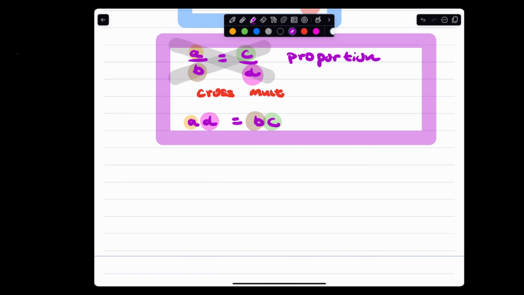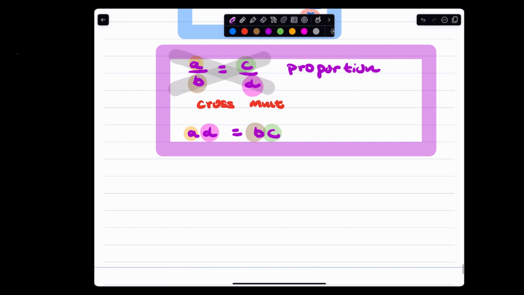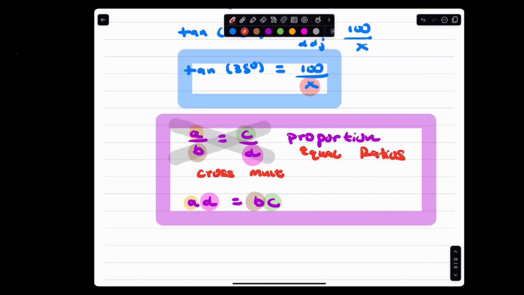Okay, now you might say, what? I don't see two fractions, because, by the way, a proportion is equal ratios, equal fractions. That's really the definition of your proportion. So you might say, I don't see that here. Well, okay. Put a 1 here. Now you see it. Equal fractions, equal ratios.